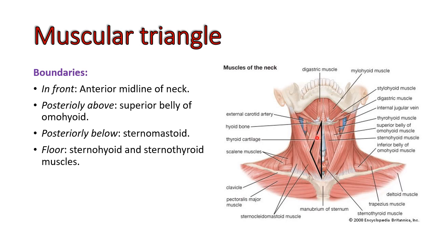The roof is formed by skin, superficial fascia, then the investing layer of deep cervical fascia. In the superficial fascia you can see the anterior jugular vein. The platysma muscle you can see in the superficial fascia, because platysma forms mainly the superior anterior part of the roof of the whole anterior triangle.